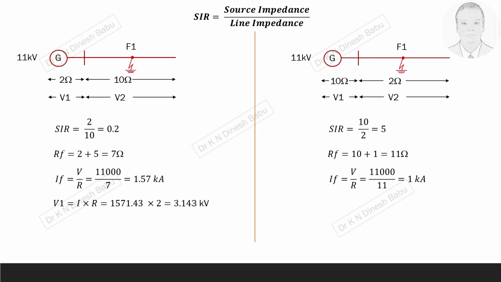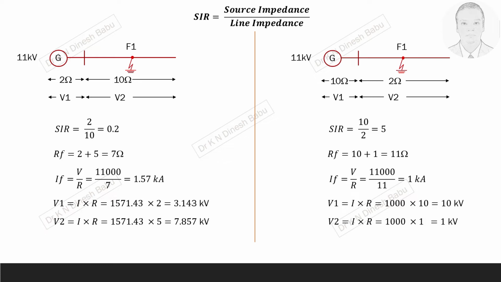By substitution we get 3.143 kV as source voltage V1 and V2 as 7.857 kV. In system 2, using the same formula, when we calculate V1 and V2, we get 10 kV and 1 kV respectively. This is the calculation for system impedance ratio.